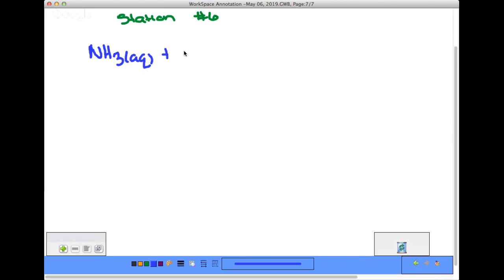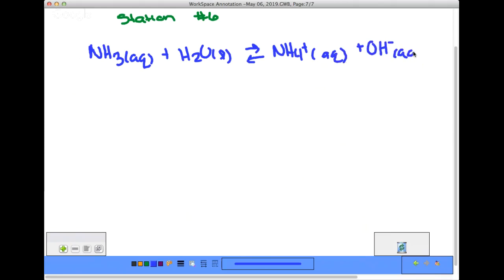We have water, which is liquid. We're in equilibrium and we're producing ammonium, which is aqueous, and hydroxide, which is aqueous. Okay. And then, of course, we have ICE.